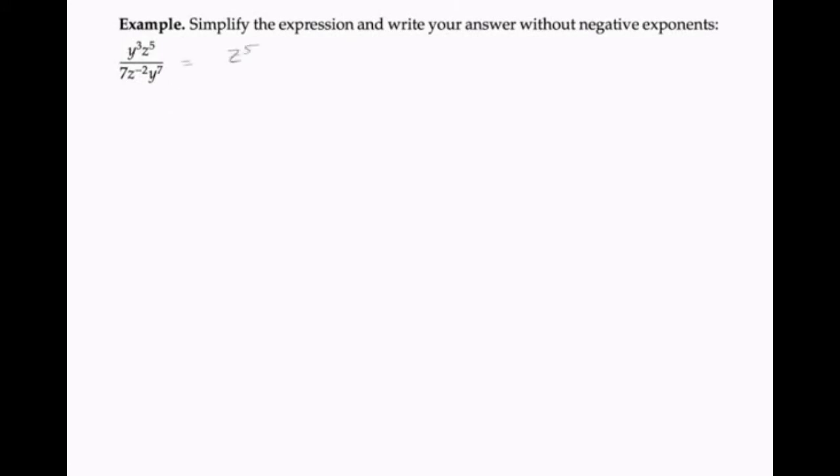I am using the principle here that a positive exponent in the numerator corresponds to a negative exponent in the denominator. Now since I have a positive exponent z in the numerator and a negative exponent in the denominator, and I want to get a positive exponent, I am going to pass the z to the numerator. The z to the minus 2 in the denominator becomes z to the plus 2 in the numerator.